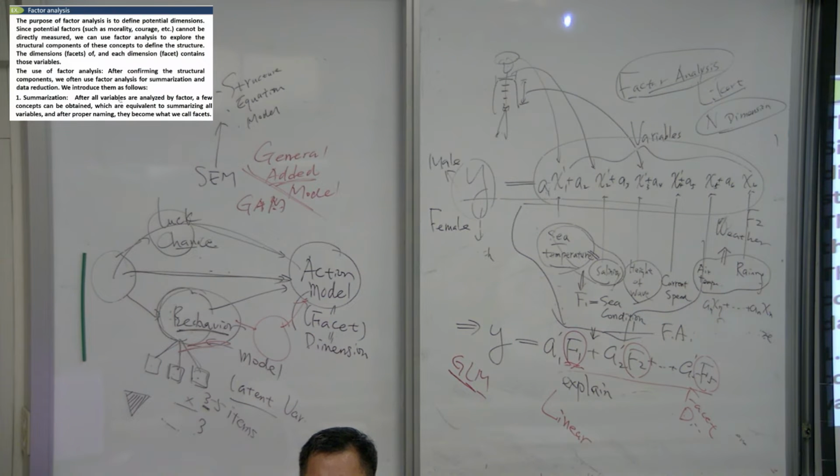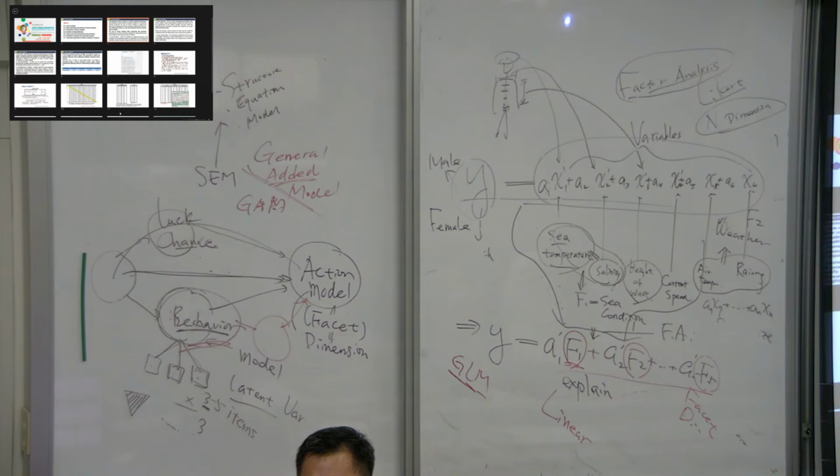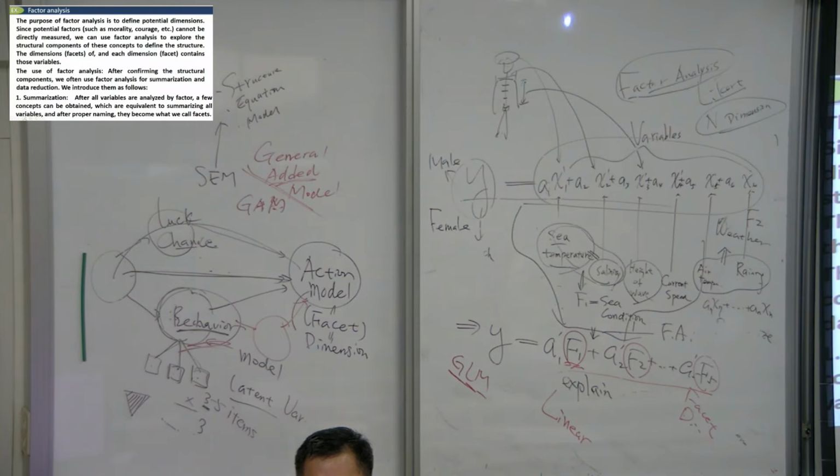After all variables are analyzed by factor analysis, a few factors can be obtained, which is equivalent to summarizing all variables, and after proper naming. After proper naming, what is proper naming, right? Name.